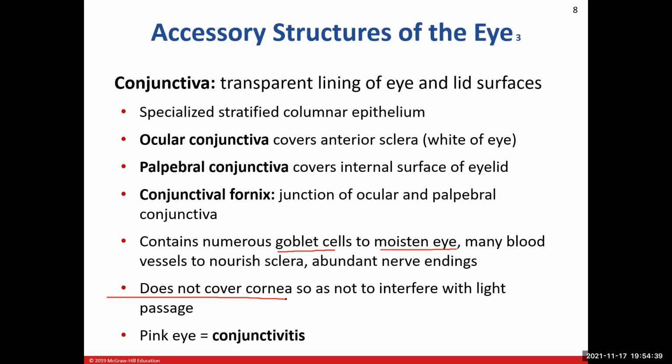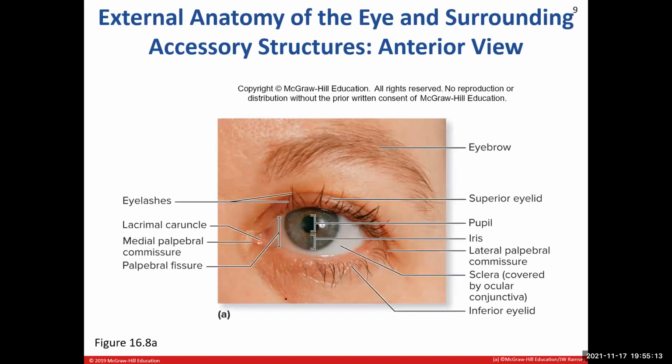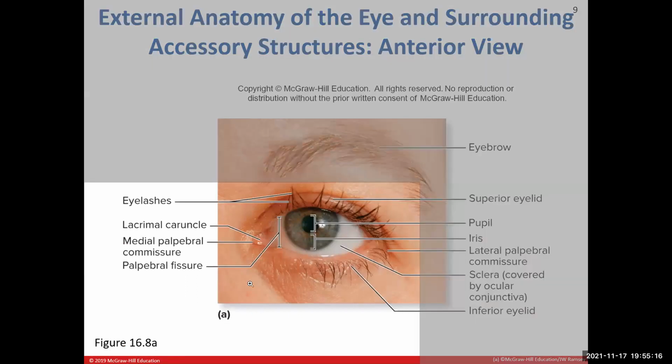Refraction is the bending of light rays, and the cornea will bend the light rays slightly, but the conjunctiva, because it does not cover the cornea, has no role in what happens to the light as it enters the eye. Of course, when this structure becomes inflamed, we refer to it as pink eye, or more commonly, conjunctivitis.